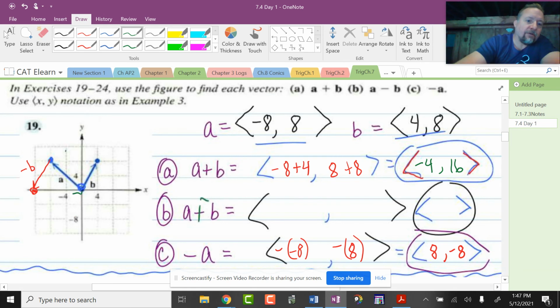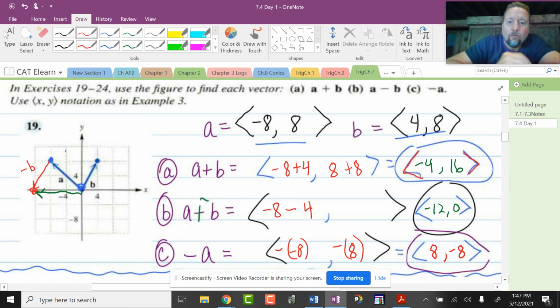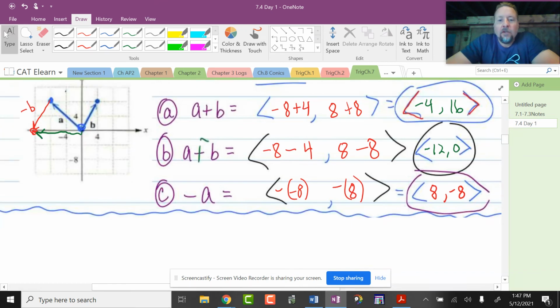And it is this vector that is going directly west, ending at -12, 0. Well, look at this algebraically. It's so simple. Take -8 minus the 4. So you subtract the x's. Take the y's and subtract them. And then look geometrically, algebraically. Same answer. Mickey Mouse stuff.